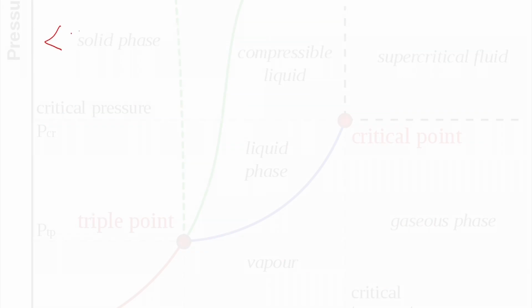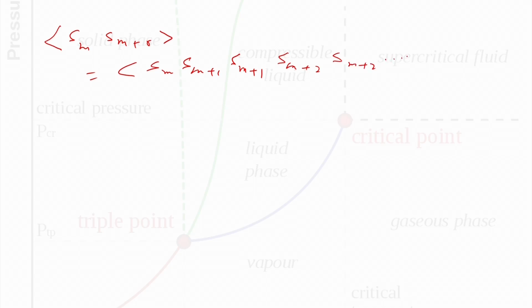Suppose I decide to do this: Sm plus 1, Sm plus 1, Sm plus 2, Sm plus 2, all the way up to Sm plus r minus 1, Sm plus r minus 1, then Sm plus r.